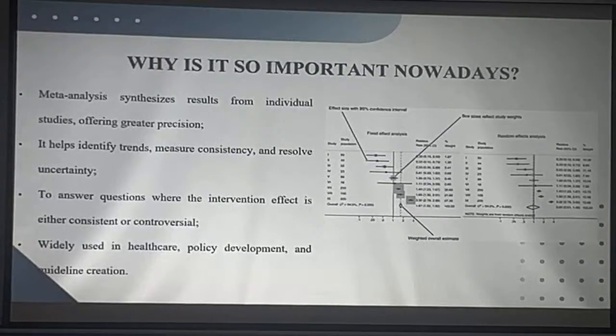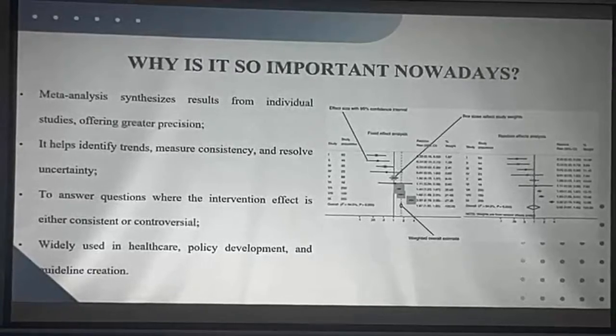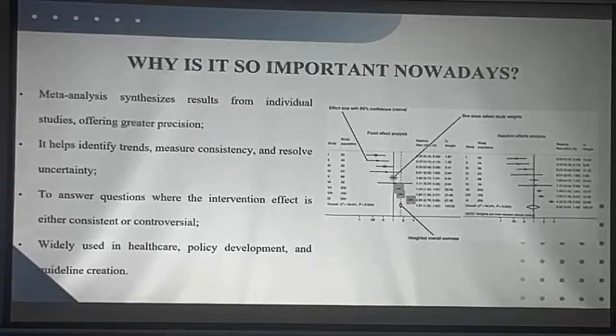Sometimes one paper can say this intervention might be appropriate for this treatment, and another publication might make a totally controversial statement. And this is where meta-analyses and systematic reviews become extremely important in epidemiology and public health. Meta-analysis helps to identify trends, measure consistencies and resolve uncertainties, and it's widely used in the healthcare system for guideline development or any other policy development process.